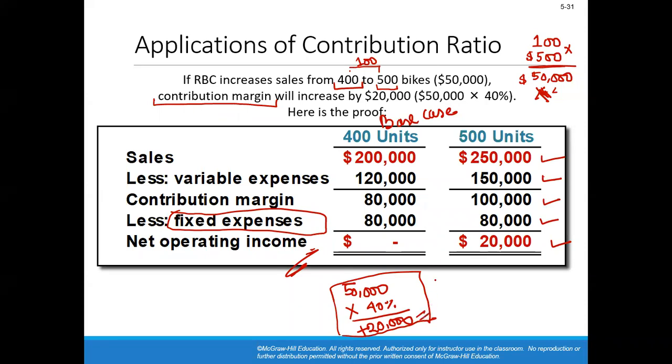Now, the question to you: between the base case of 400 units and the new case of 500 units, has there been any change in the contribution margin ratio? Yes or no? I see responses are coming. What about other responses?